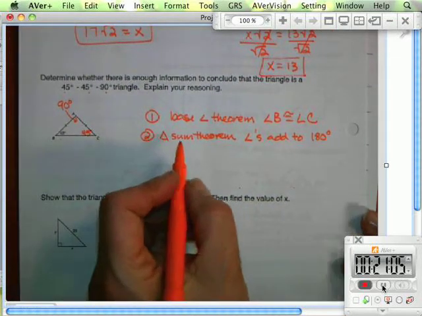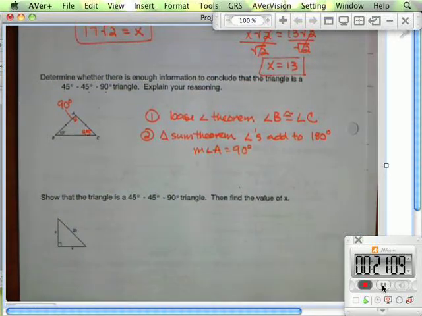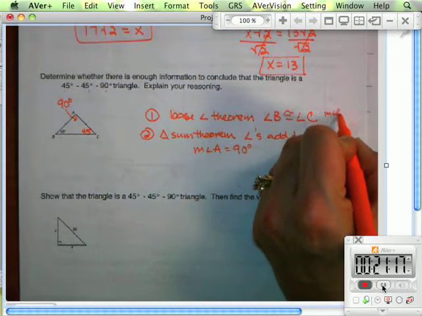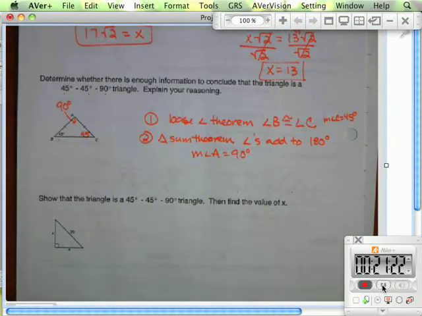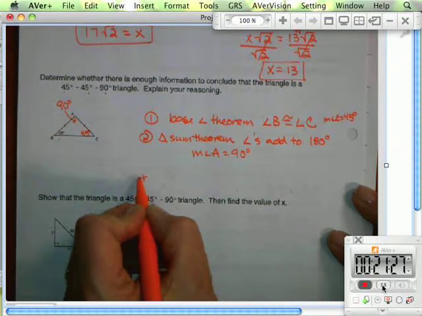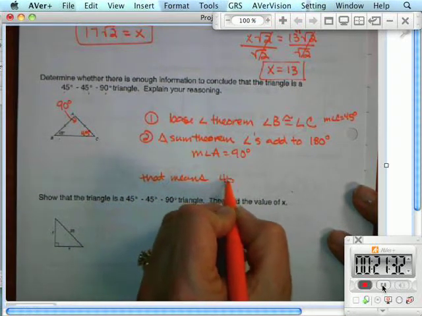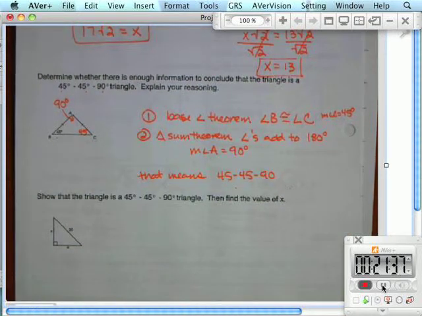Therefore, the measure of angle A is equal to 90 degrees. So I should write here the measure of angle C is 45 degrees. Okay, so I've written down a reason for the 45 and the 90, and I can say that means it is a 45, 45, 90. Reasoning, just a little bit of reasoning. You're not writing a proof, just writing down some reasons.